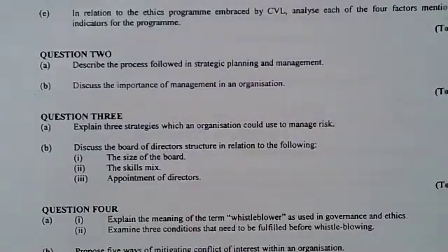Those are the steps that you describe, from environmental analysis to strategy formulation, to strategy implementation, and finally to strategy monitoring and evaluation. Those are the 4 steps that you're supposed to describe so that you can score the 7 marks.